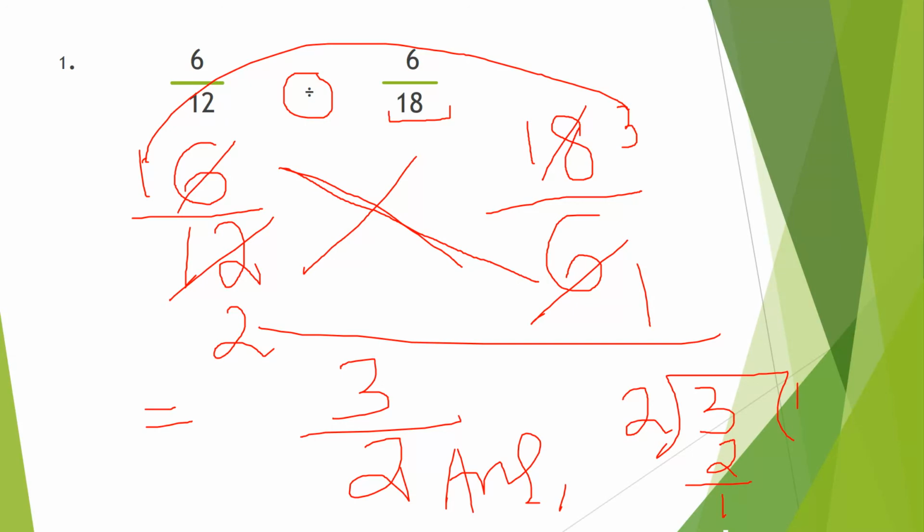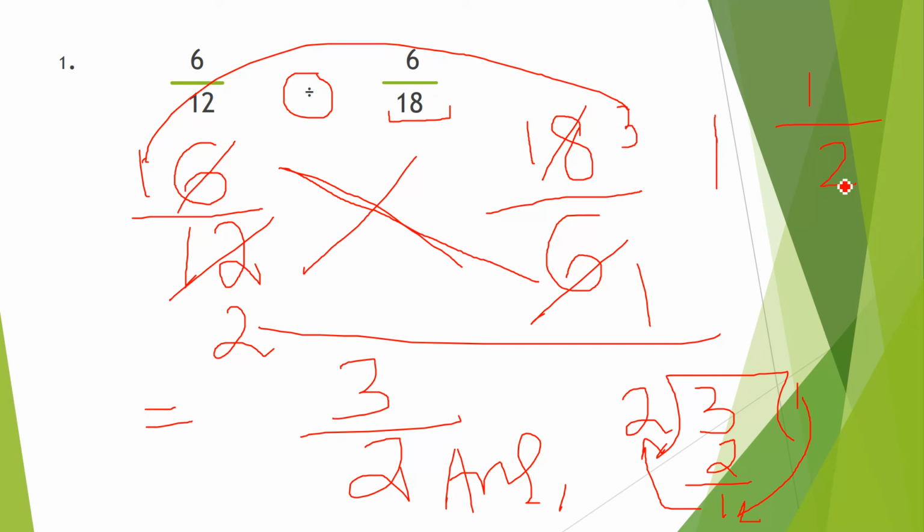So how will you write your answer as a whole number? You have to start from this quotient, from here. Then you have to move like this. Do not start from here. So it will be 1 whole number. Then this is the remainder, 1 divided by 2. You have to follow this rule. So 1 whole number, 1 over 2.